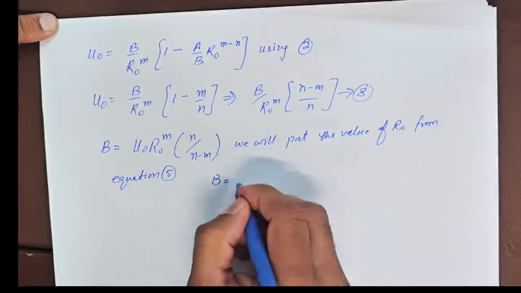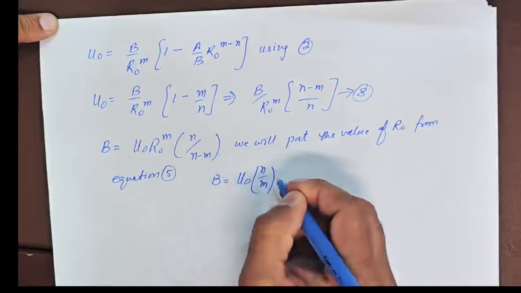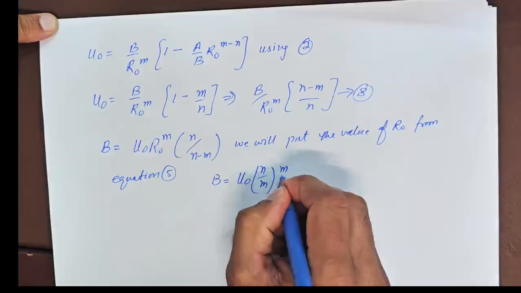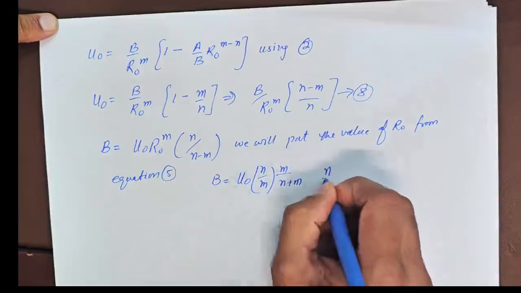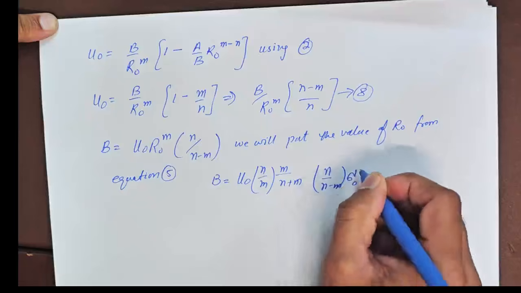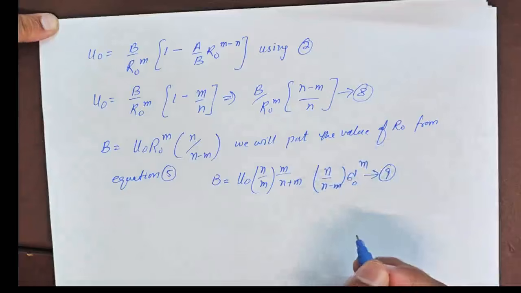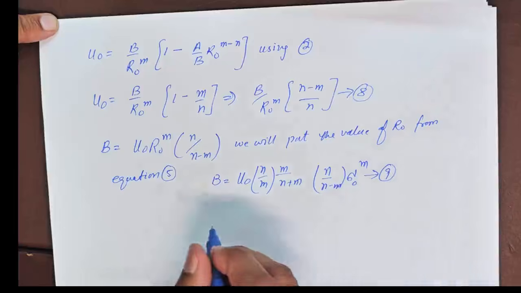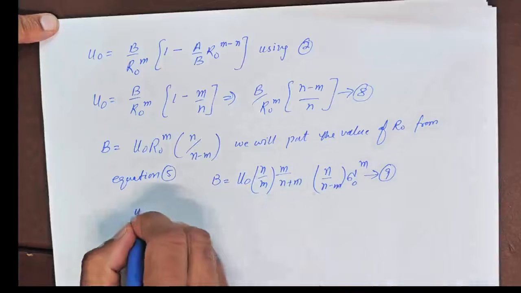Then B will be equal to mu naught n by m, m divided by n minus m, to the power n divided by n minus m, sigma naught to the power m. This is equation 9. So equations 9 and 7 give us the values of A and B.